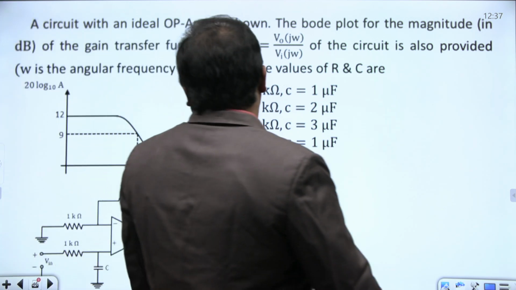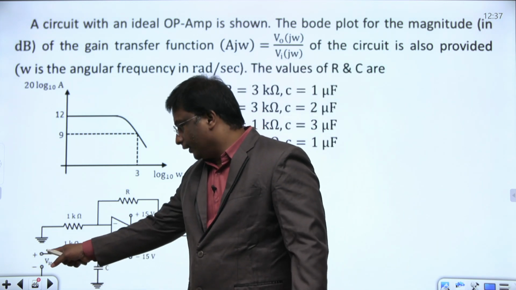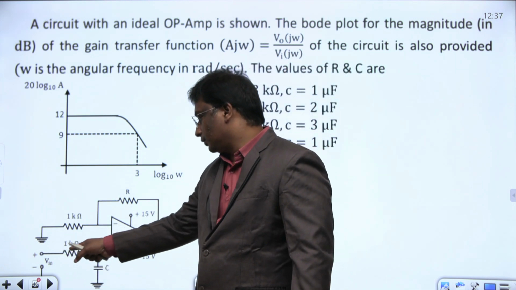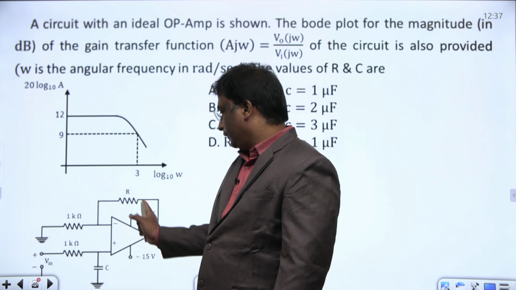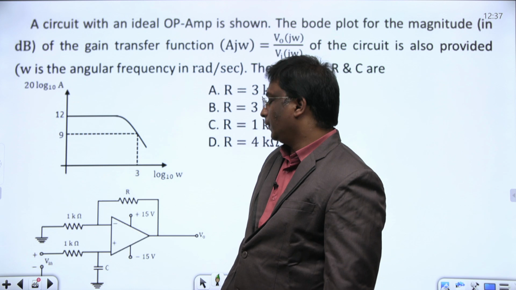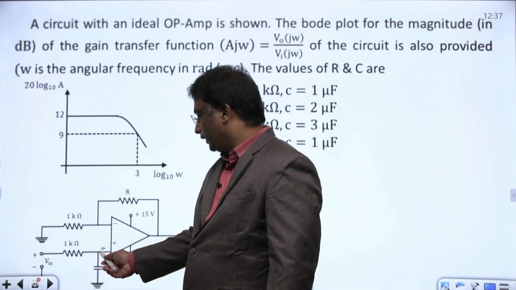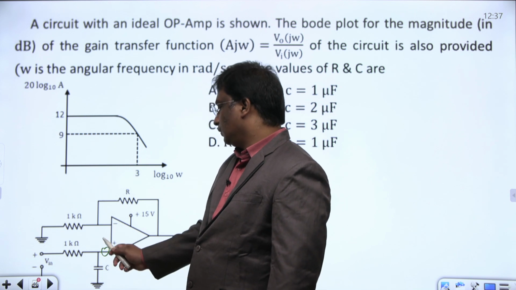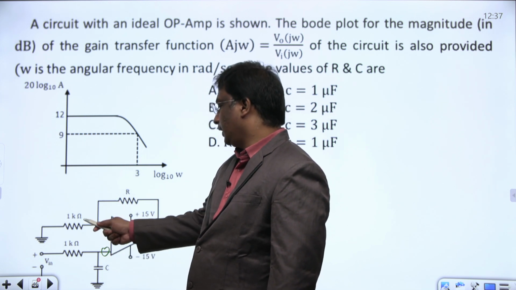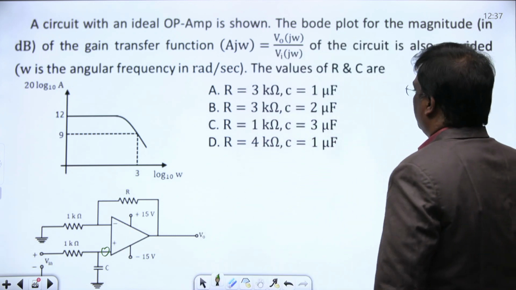Right, here the input is applied to the positive terminal, and there is a feedback. It is acting like a non-inverting amplifier, and for a non-inverting amplifier, if you know the voltage here, that voltage is multiplied by the gain, which is something like 1 plus.